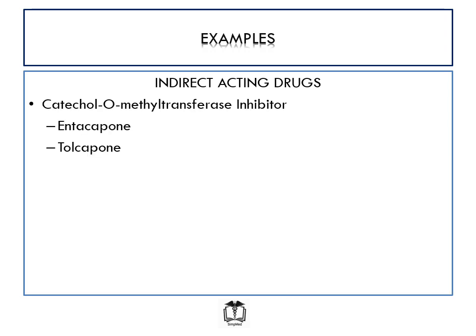For the catechol O methyltransferase inhibitors, we have the two drugs entacapone and tolcapone, and you'll notice the suffix capone present to identify these two drugs. Some of these drugs we talk about, the monoamine oxidase inhibitors, tricyclic antidepressants, and catechol O methyltransferase inhibitors, we'll focus on later in the neuropharmacology module.